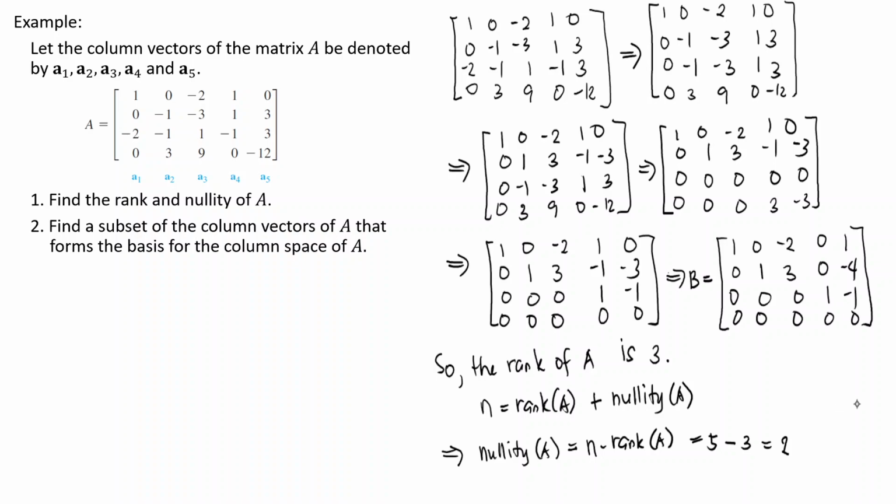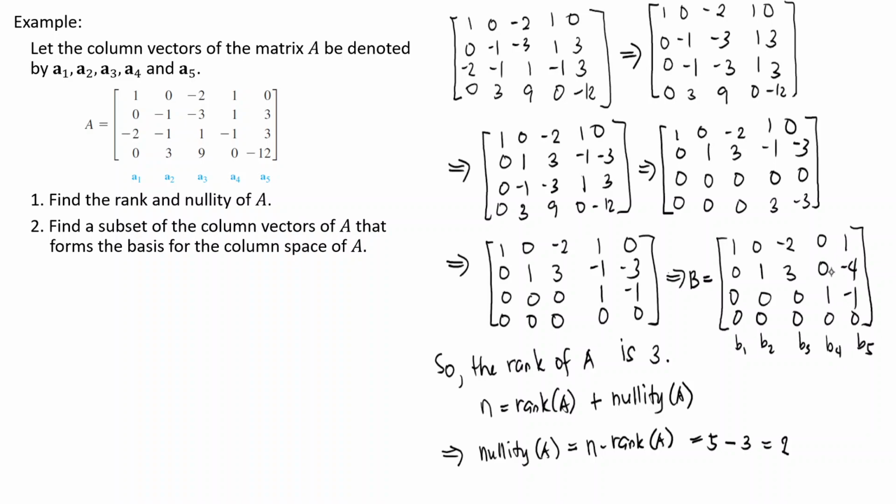Now observe that in matrix B, the first and the second columns are linearly independent because one is not a scalar multiple of the other. Let us name the columns B sub 1, B sub 2, B sub 3, B sub 4, and B sub 5.